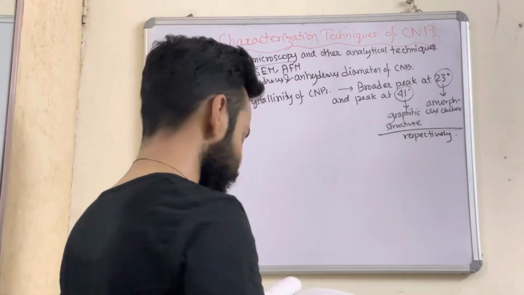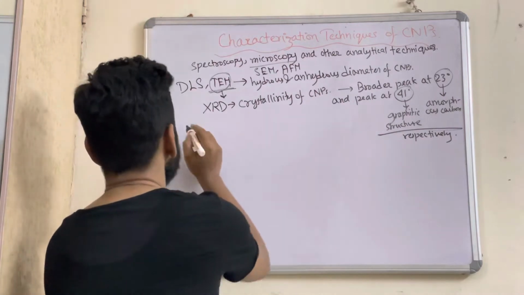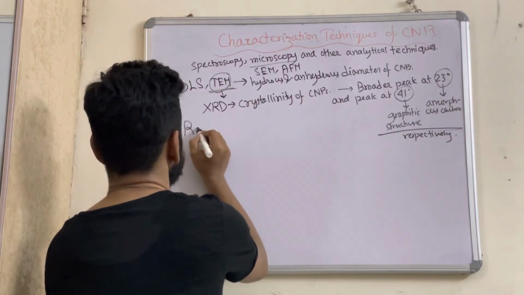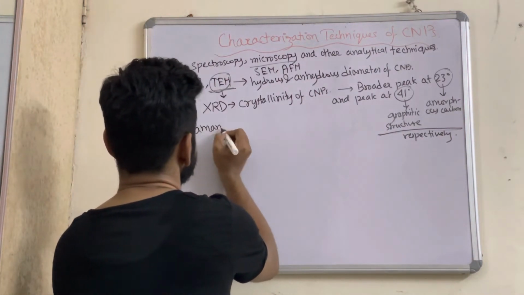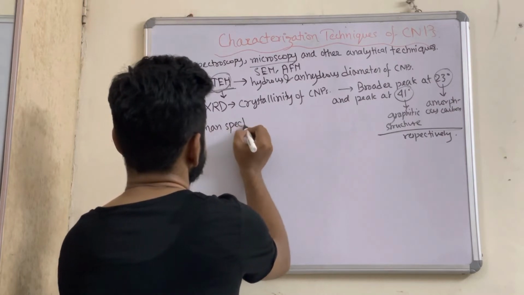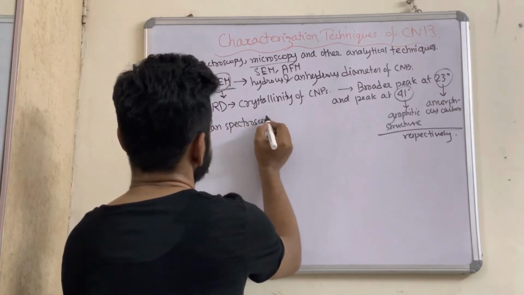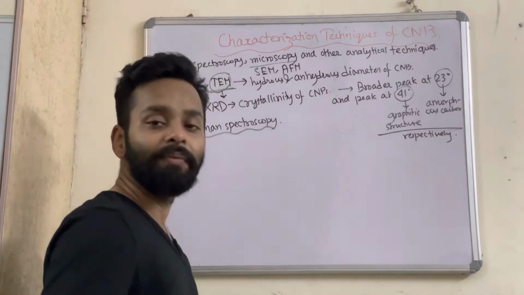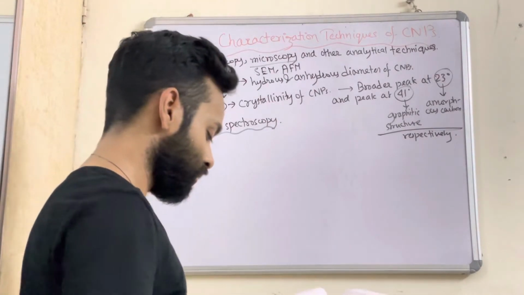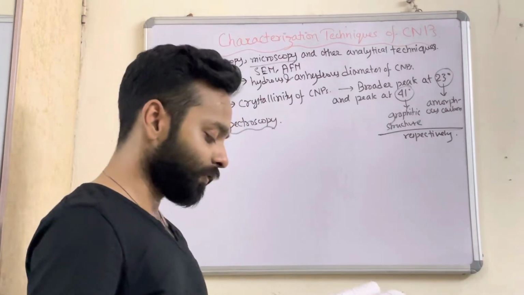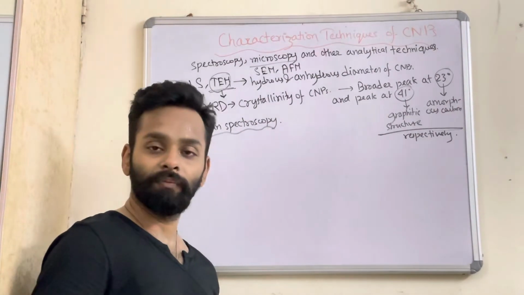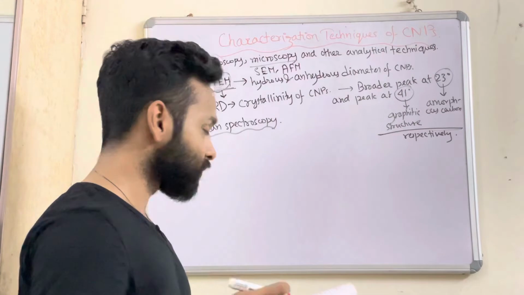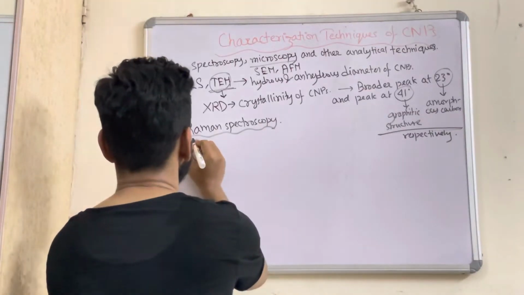Now there is another characterization technique or tool which is known as Raman spectroscopy, which gives an estimation about the specific chemistry of the carbon nanoparticles. So Raman spectroscopy for the carbon nanoparticles synthesized from, as reported in a particular literature, carbon soot.